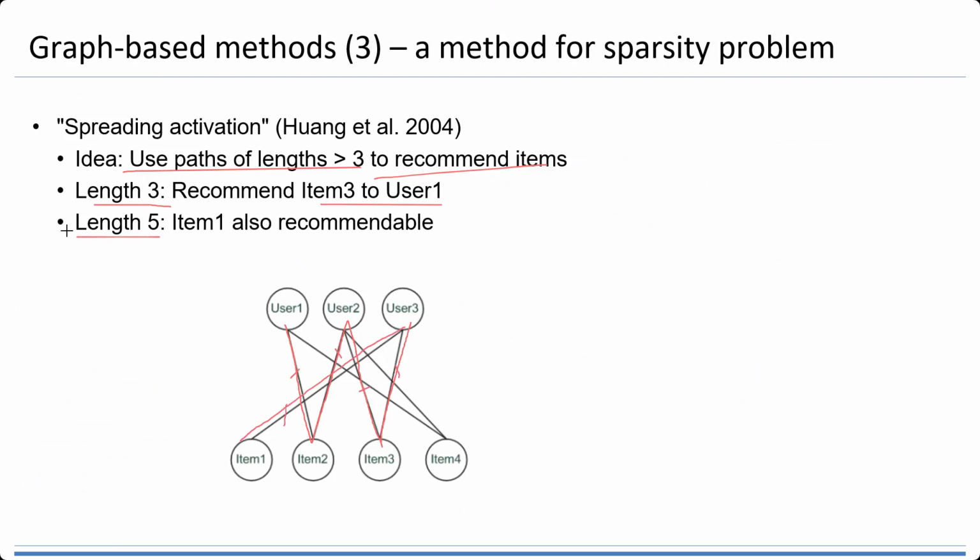The length is 5. With length 5, I can recommend item 1. So not only item 3, but we can also recommend item 1 to user 1. This is using the graph-based method.